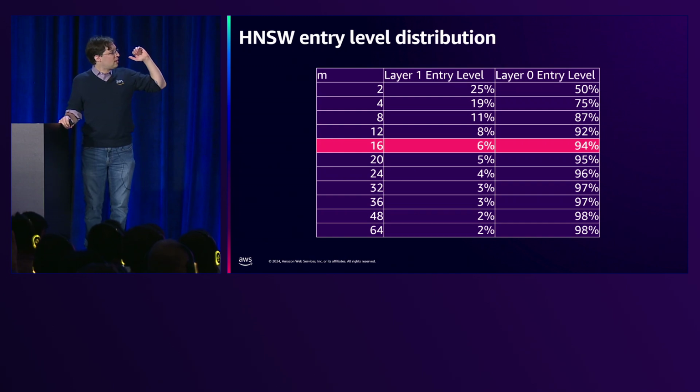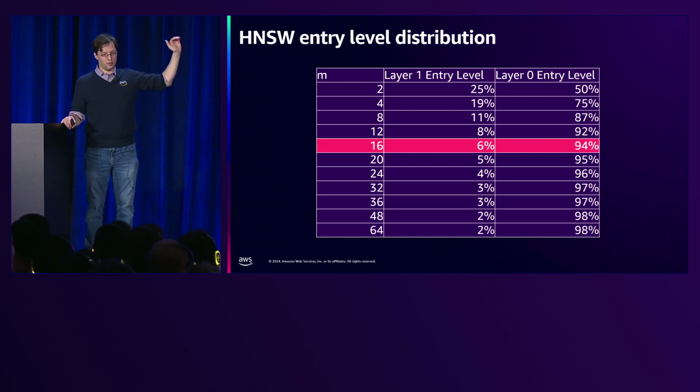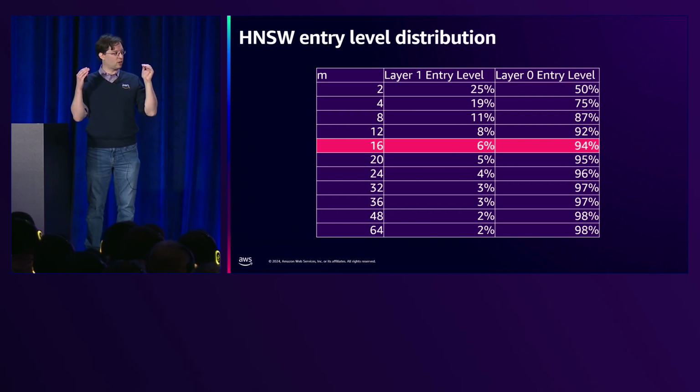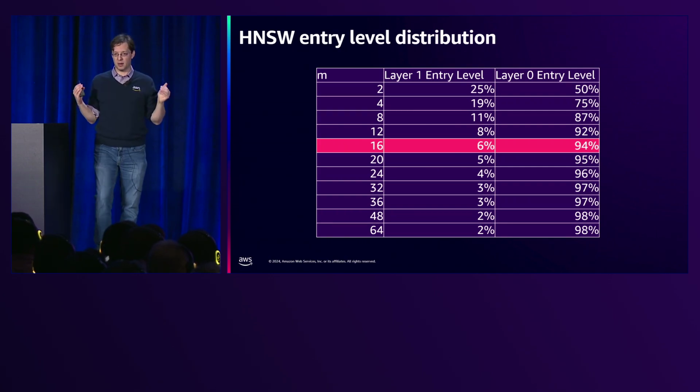But we're going to see that with HNSW, you're going to spend a lot of time searching effectively the leaf portion, which is layer 0. So let's take M equals 16, which is the default. About 6% of your index is going to reside in the upper layers, which means you're only going to have roughly 6% of the index where you can get that very strong locality, unless you're fitting the entire index in memory.